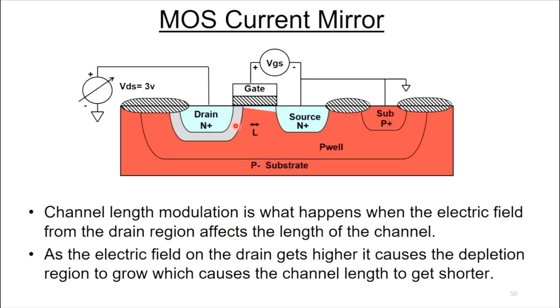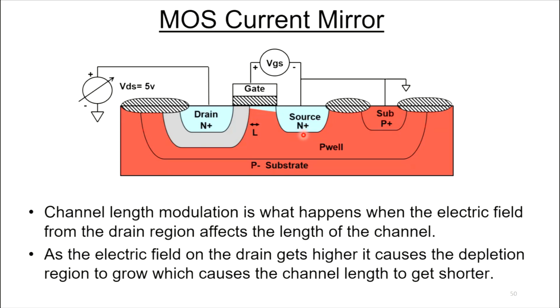That depletion region's getting bigger and bigger. And you can see at high VDS voltages, this depletion region has really cut into the channel. So what that does is it makes the channel look shorter. So the W over L has the effect of being larger because you've cut the L part down. That's what gives you that slope on the IDS versus VDS curve.